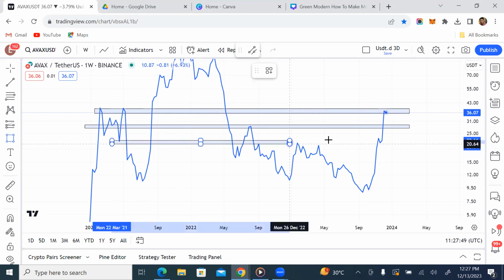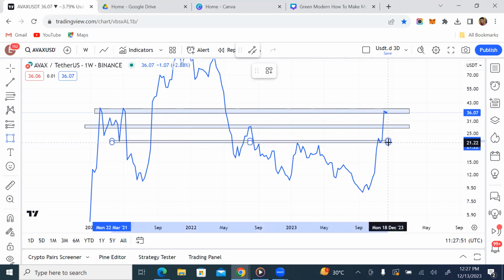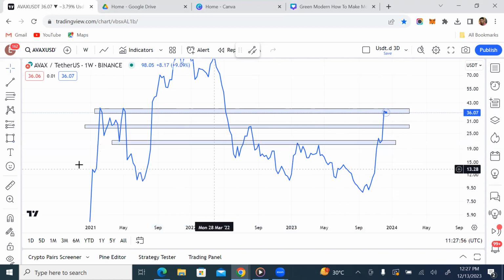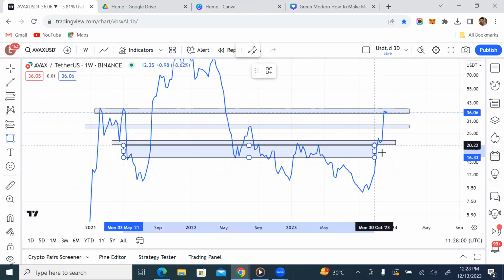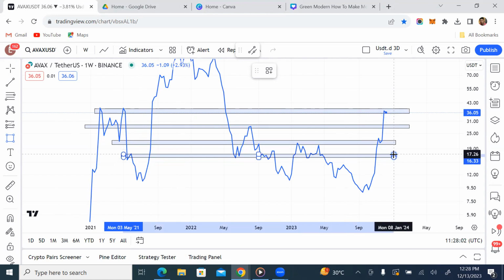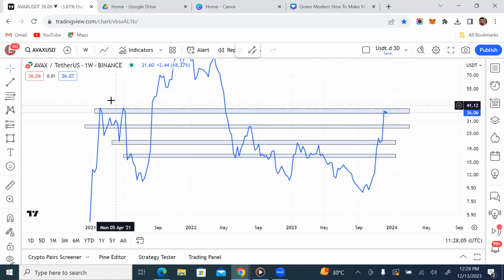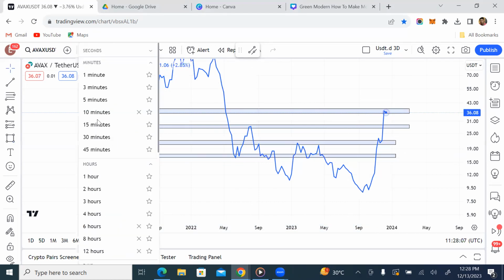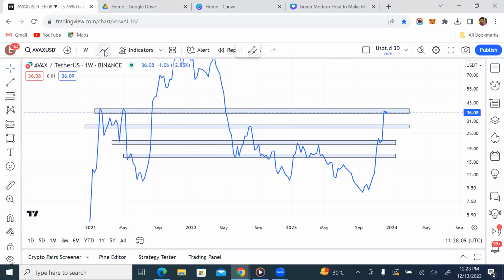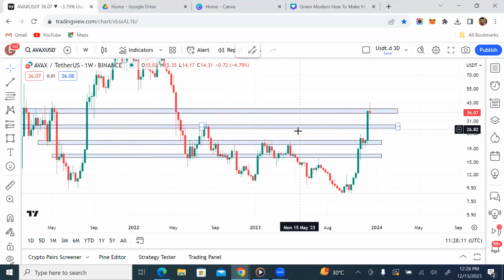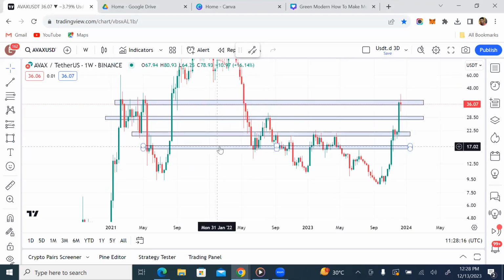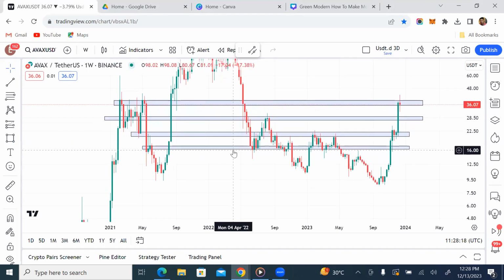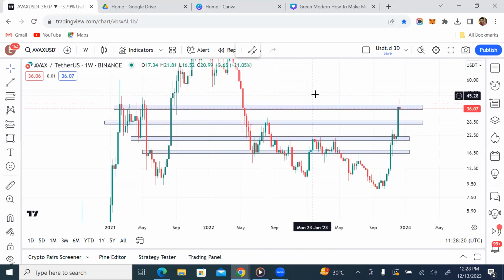I can also see one here, and one somewhere around here again. So anyway, that's for that. Let's take this back to candles, and we can see we've been able to plot key levels where we had major pushes and impulses.